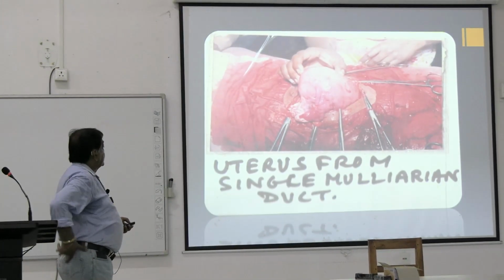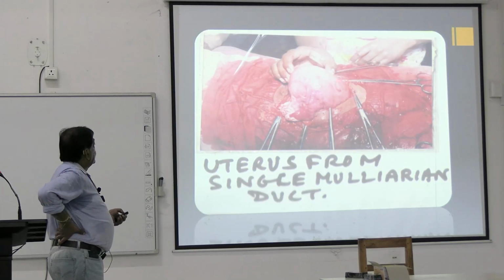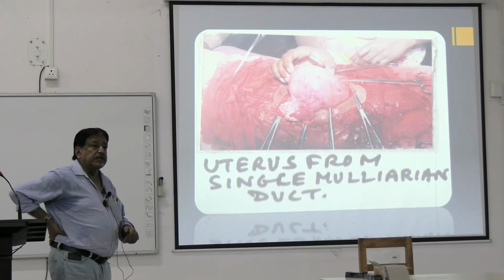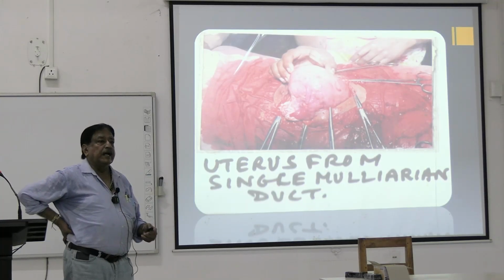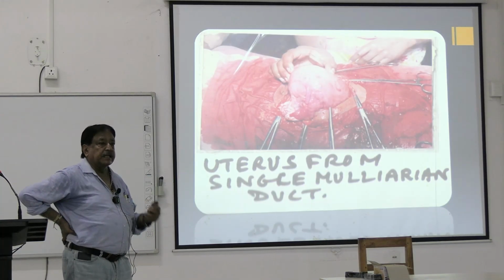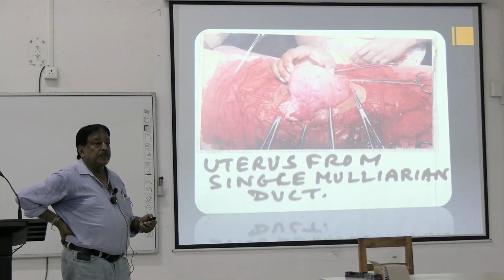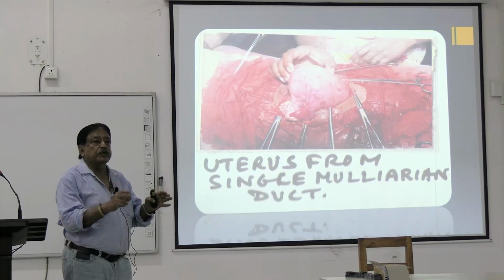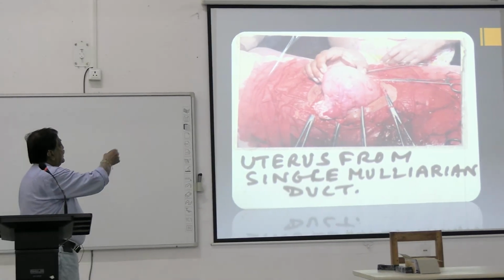The uterus from a single Mullerian duct. See, this is a single Mullerian duct which conceived a child, and we did a cesarean. I did a cesarean section. Actually, I opened my gloves and took the photograph, and asked my sister there to hold it.